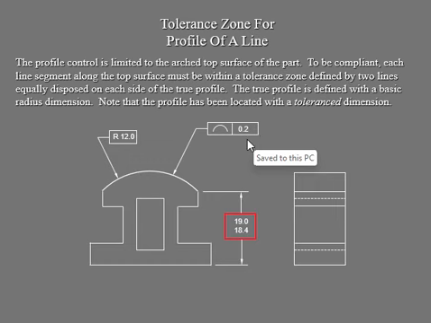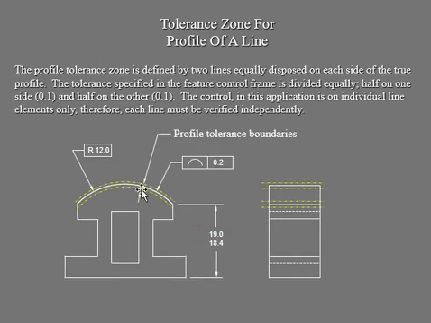Of course, that zone is going to be identified with the two lines. Let's get into the yellow. That's your two lines to identify this 0.2 zone right there. So 0.1 on this side and 0.1 on that side. That's your bilateral.